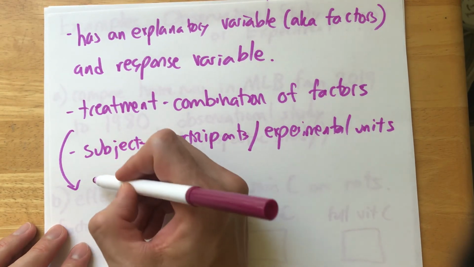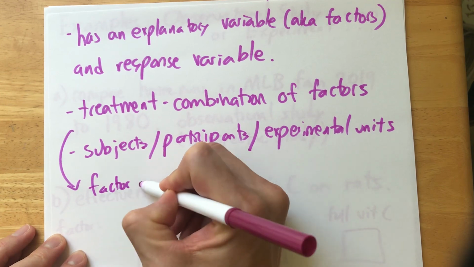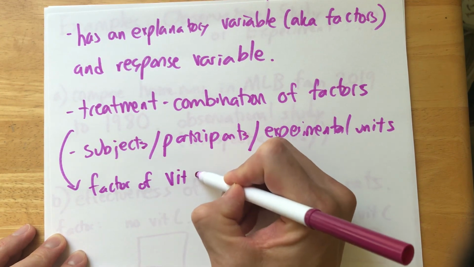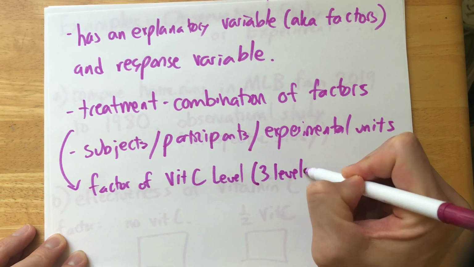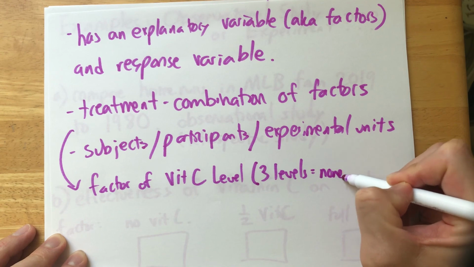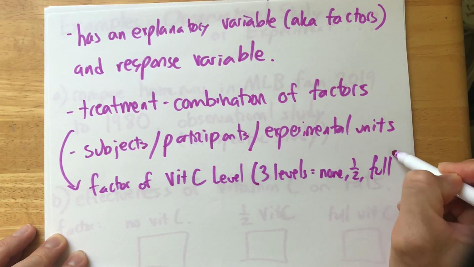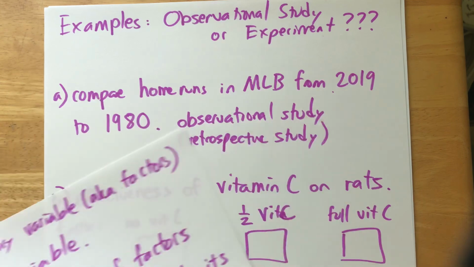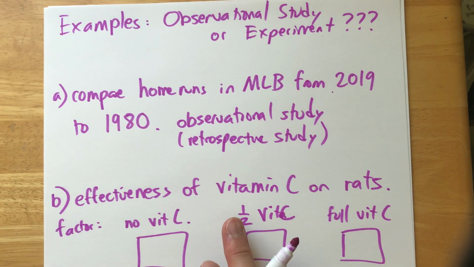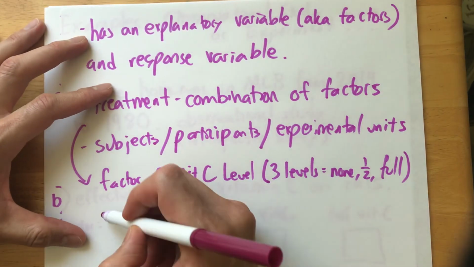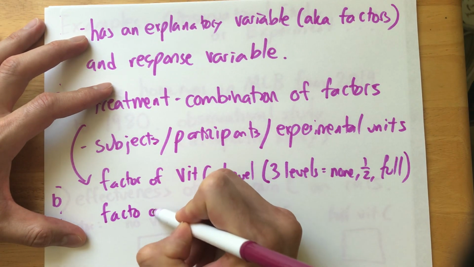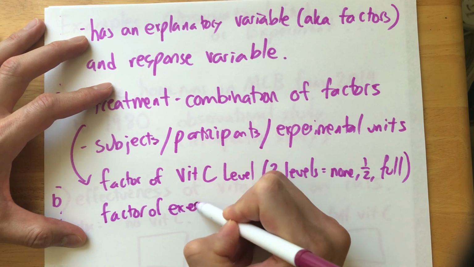If we had, for the factor of vitamin C level, okay, we had 3 levels, right? We had none, half, and full. Okay. What if we want to see how, let's see, exercise affects this, and we want to check to see if maybe exercise level affects the effectiveness of vitamin C. So another factor you can introduce, factor of exercise.